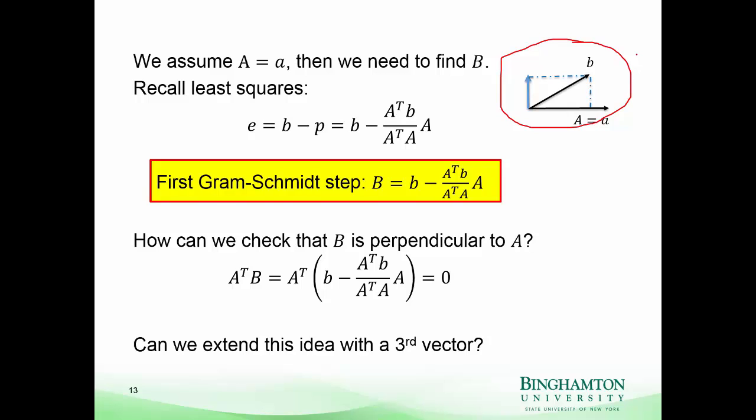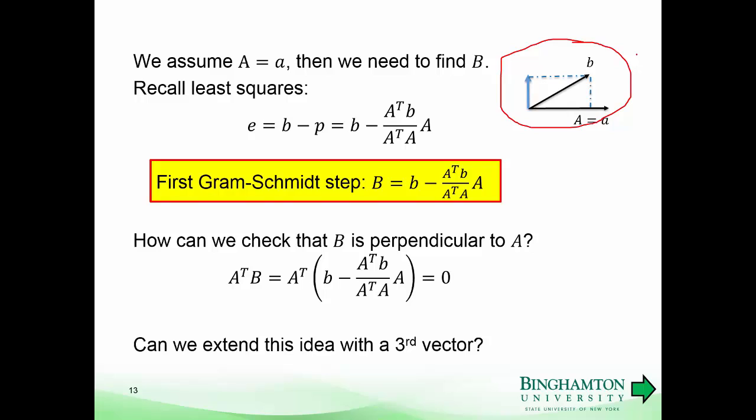So we started with two vectors, and we picked one to start off. We picked little a to be big A, and then we found big B to be orthogonal to big A. What happens if we've got a third vector? What do we do? And notice that we're adding this in. Suppose we've already done that first step.